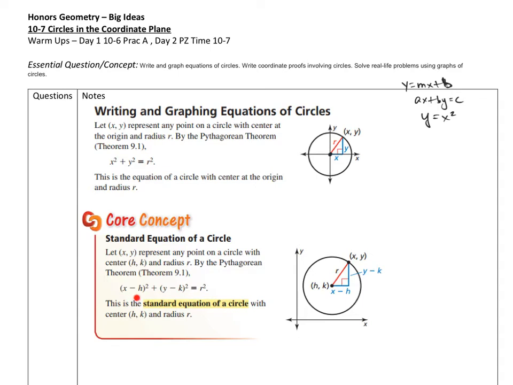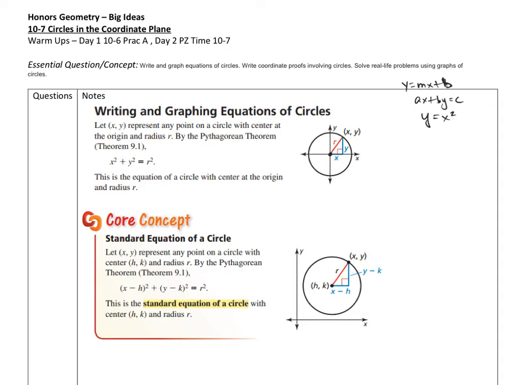It's going to be x minus h quantity squared, because we subtract out what I moved in the x, the shift h, and then what I moved in the y we'll call k. So it'll be x minus h quantity squared plus y minus k quantity squared equals r squared. This would be the standard equation of a circle.